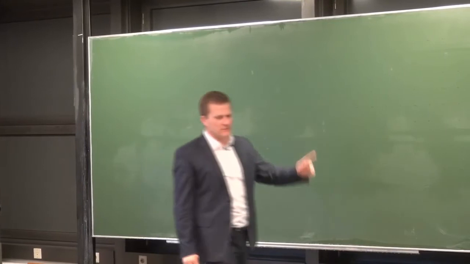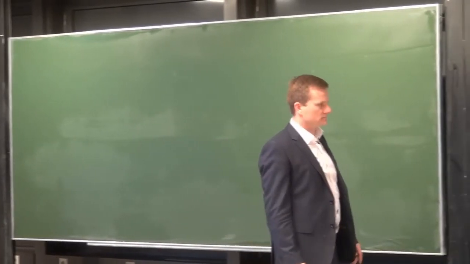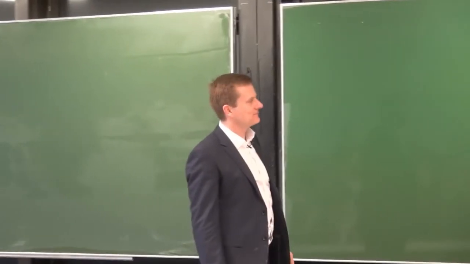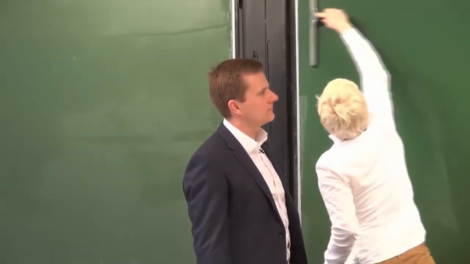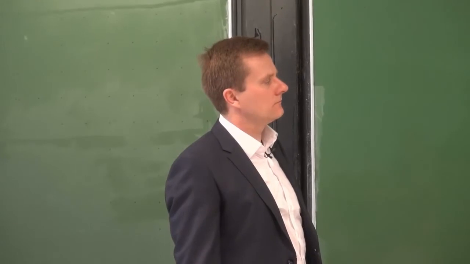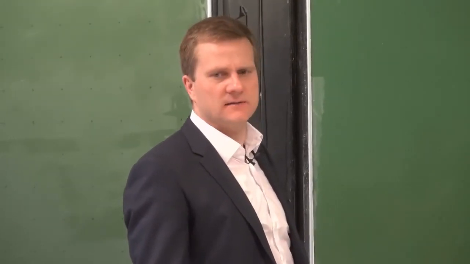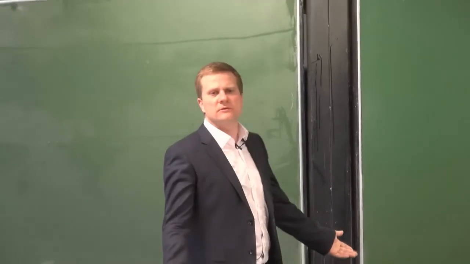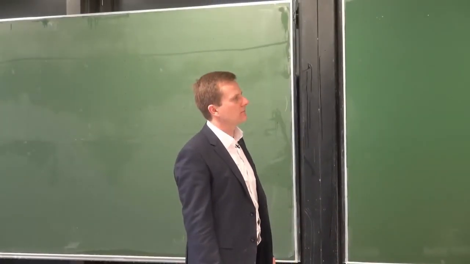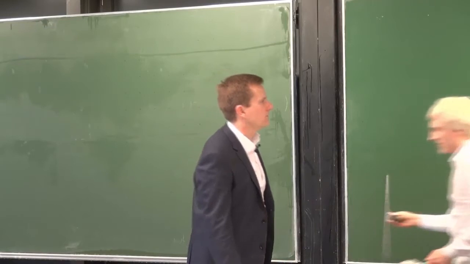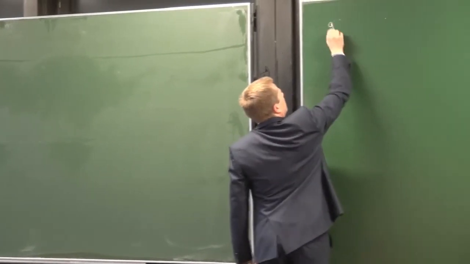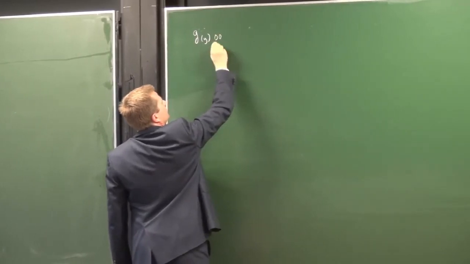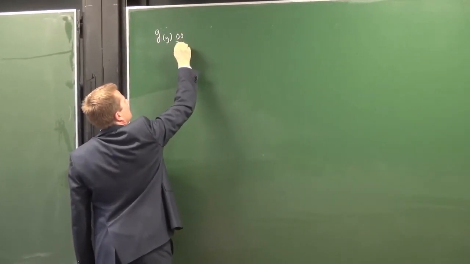I think I'll do this in the middle so I can still peek at the other blackboard. So we're simply finding the components of the metric in the Eddington-Finkelstein coordinates according to the general rules we worked out. So we start with G, Y, the 0, 0 component, which you could also call the T bar component.